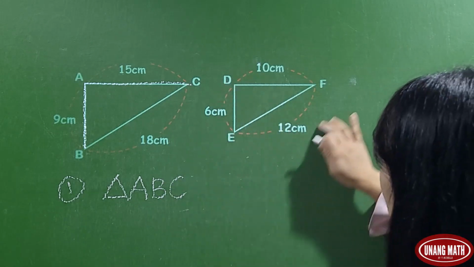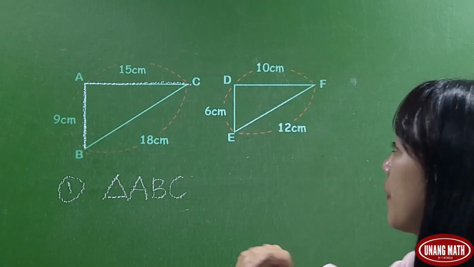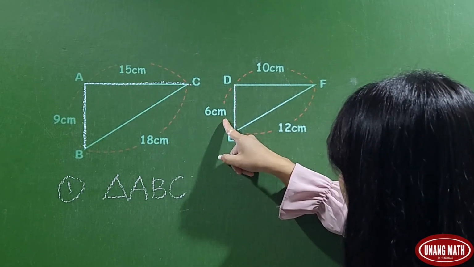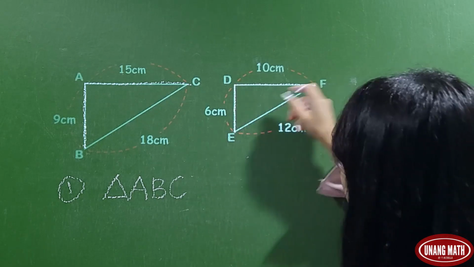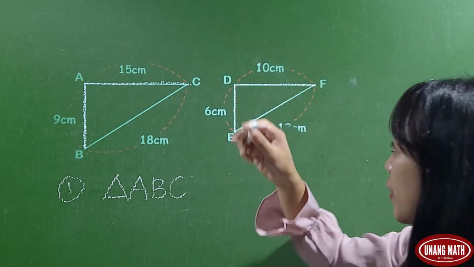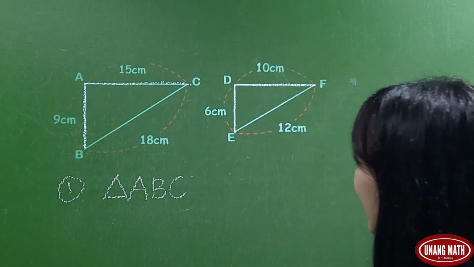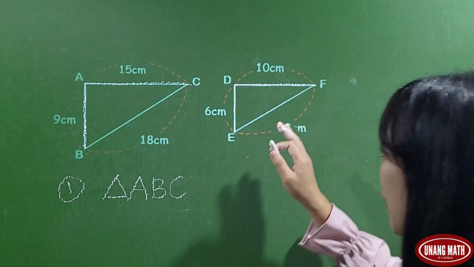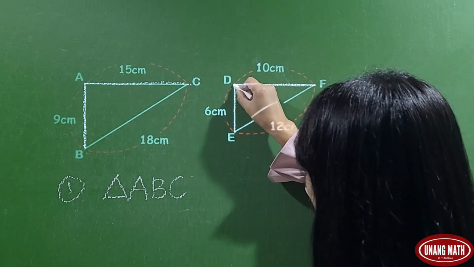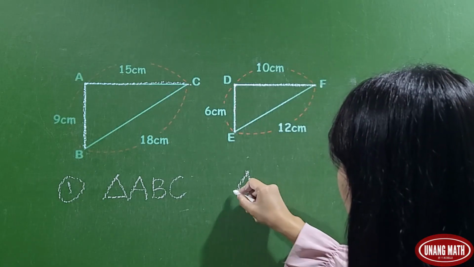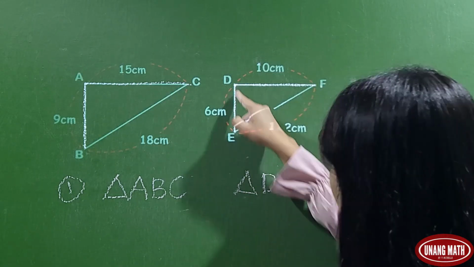Now let's take a look at this other triangle. This side DE, which is 6 centimeters, is shorter than this side DF, which is 10 centimeters. So it means point D corresponds to point A, and we have triangle DEF.